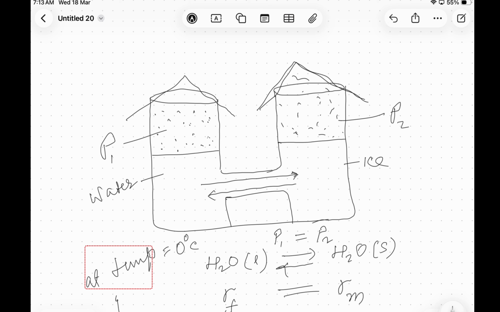Therefore, the freezing point of water is 0 degrees Celsius. So, the freezing point of a liquid is that characteristic temperature at which the rate of freezing and rate of melting are equal, and the vapor pressure over the surface of liquid is equal to the vapor pressure over the surface of solid.